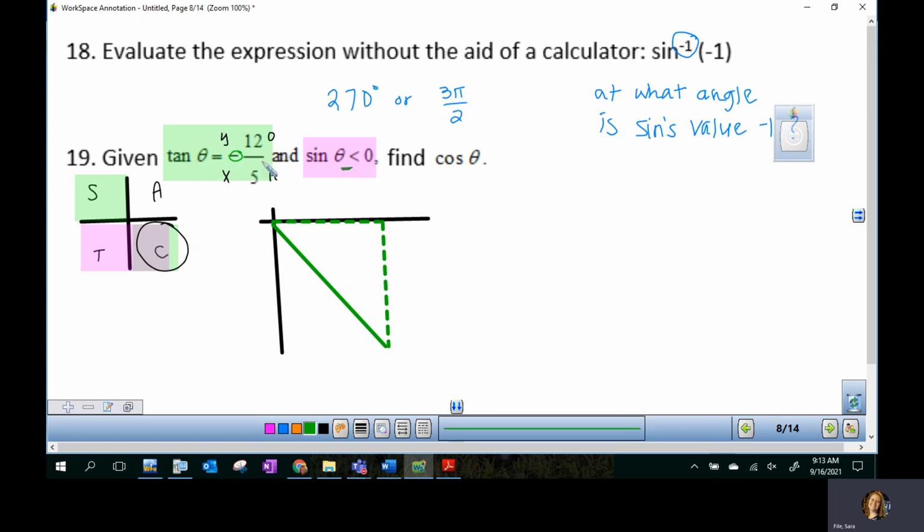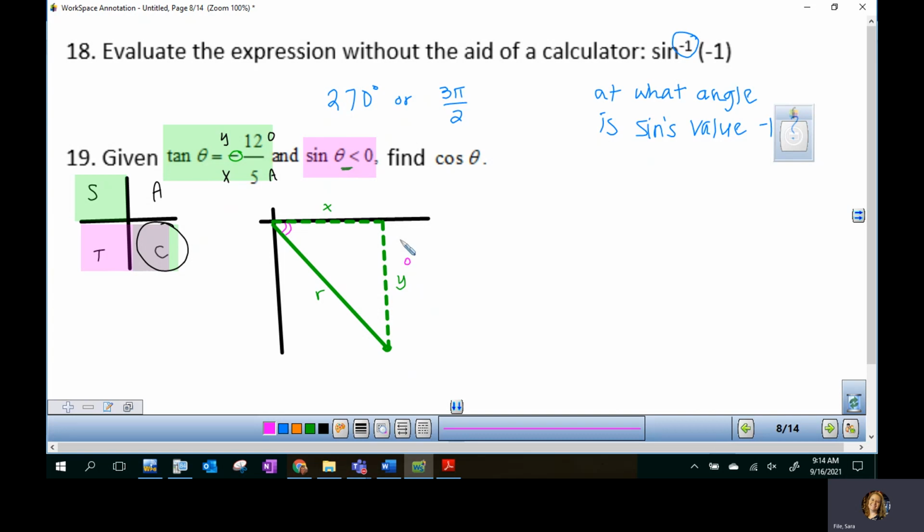Okay, so using X, Y, and R, this is the X value, the horizontal movement. This is the Y value, the vertical movement. And this is R. This would be the radius if this was a point on a circle centered at the origin, if there was a big circle on there. If you're using O, A, and H, just remember it's always from the central angle there at the origin.